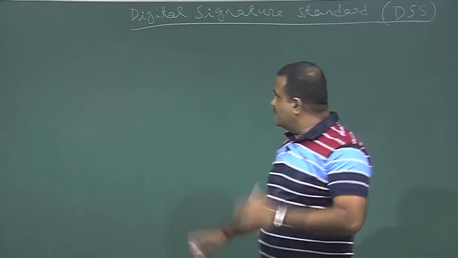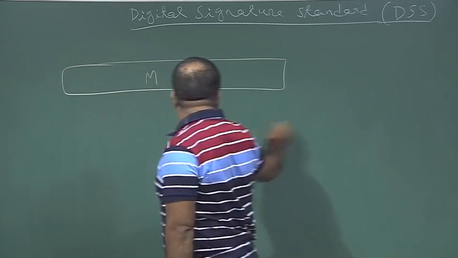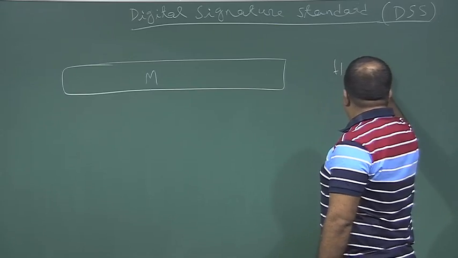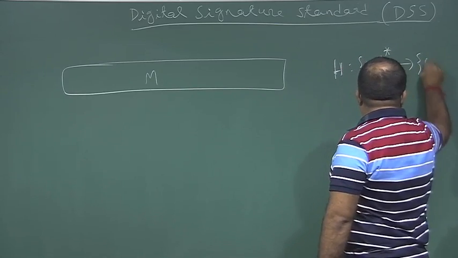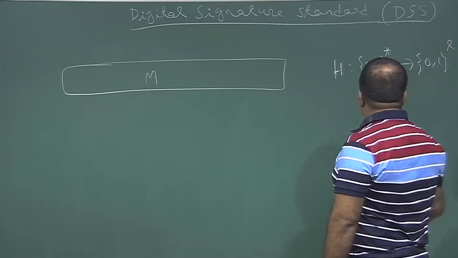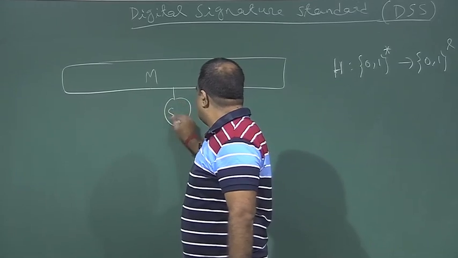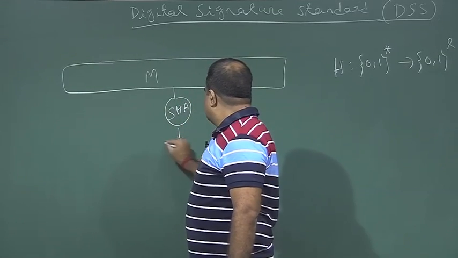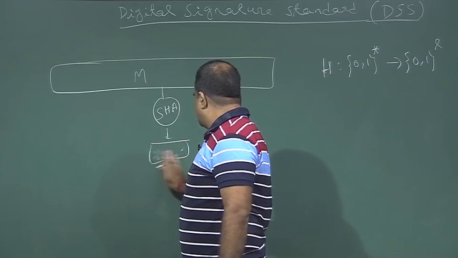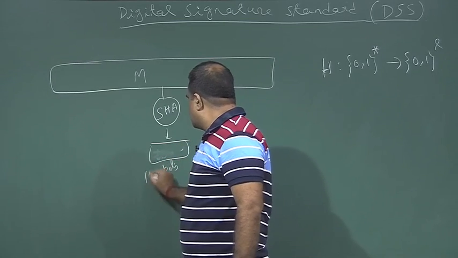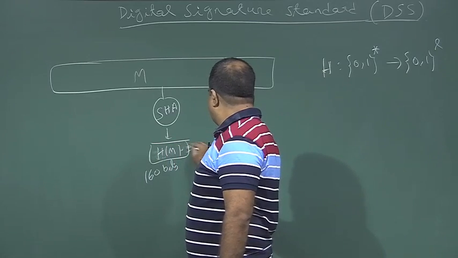As you know, a hash function can take any size plain text m to a fixed size digest, in general L bits. For SHA-1 this gives us 160 bits. So this is h of m, which we denote by small m.